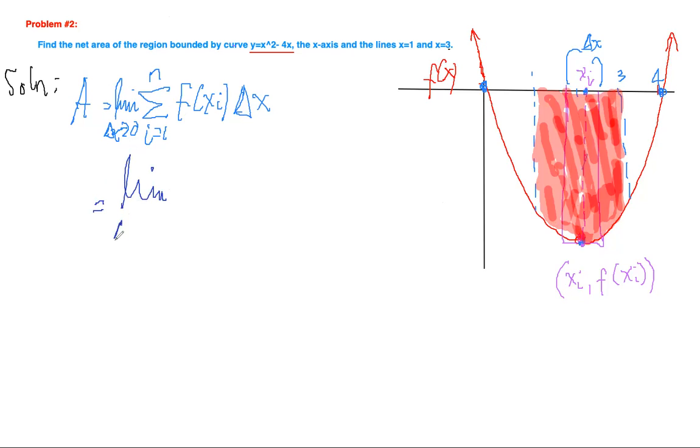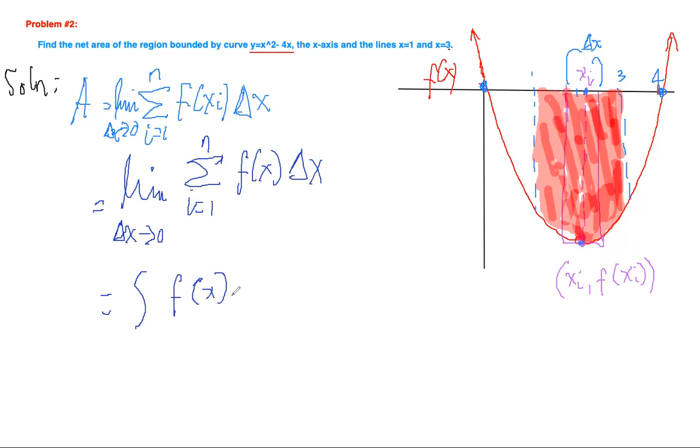the limit as change of x approaches 0 of the summation of f of x sub i times change of x from 1 to n. Since we already expressed the sum of all the areas of the rectangular strips and take its limit as change of x approaches 0, this is equivalent to the integral of the function f of x dx from 1 to 3.